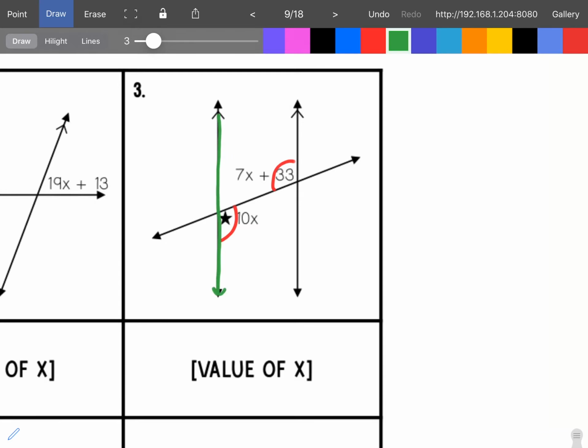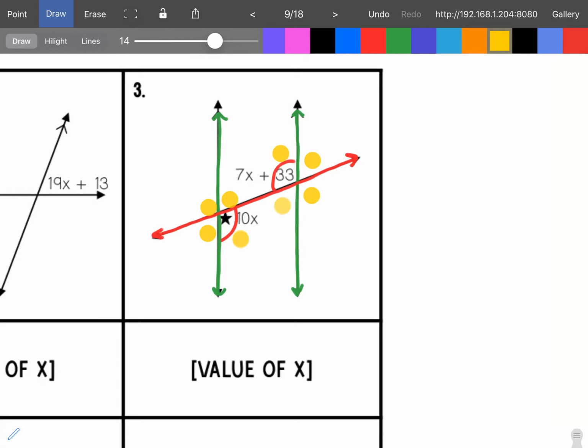So we've got our two parallel lines here, cut by our transversal. Now remember, when that transversal cuts the parallel lines, it creates a bunch of angles, okay? So like if I wanted to put a dot, we could count 1, 2, 3, 4, 5, 6, 7, 8.